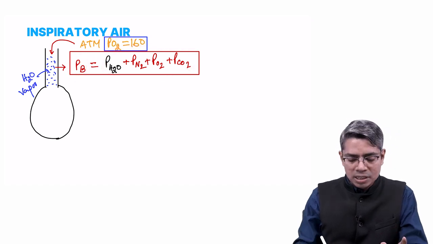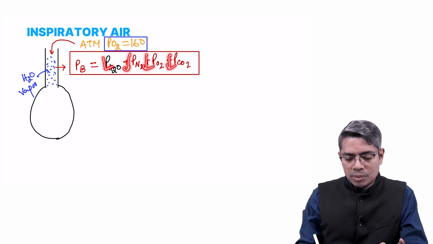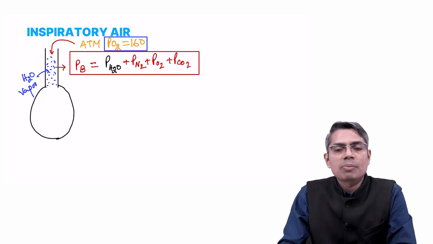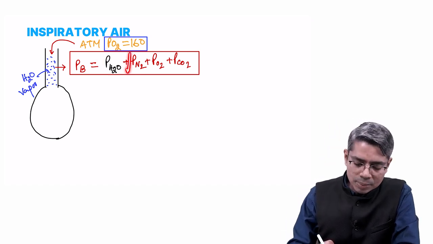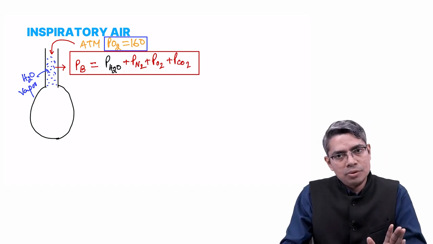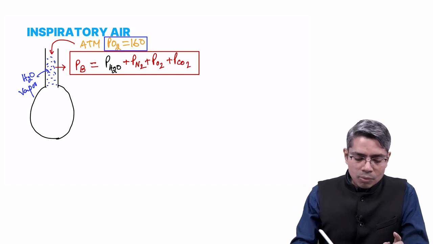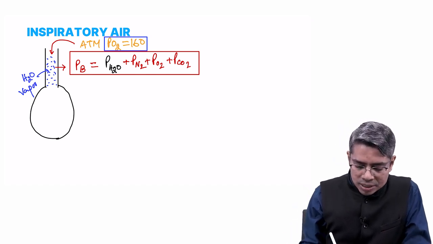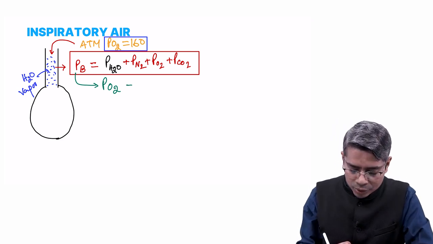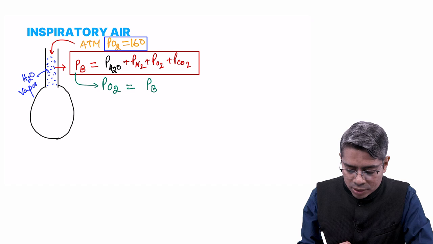So what will happen to the partial pressure of all of them? The partial pressure of all of them is going to reduce because there is an addition of the partial pressure of water. So what will happen to the partial pressure of nitrogen, oxygen, carbon dioxide? All are going to be reduced. So if I want to calculate the partial pressure of oxygen at the level of this conducting zone, I am going to calculate like this. PB was the total pressure.